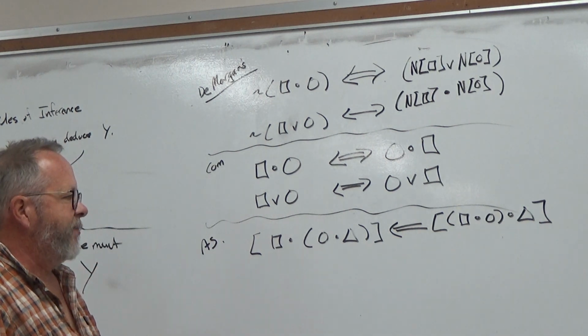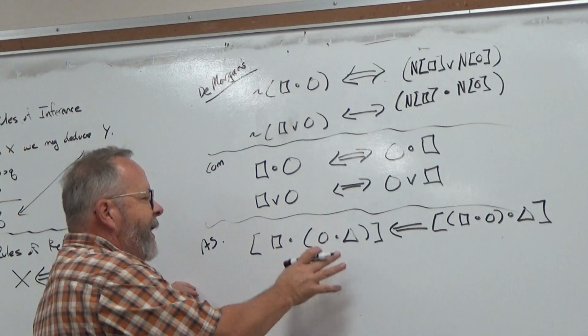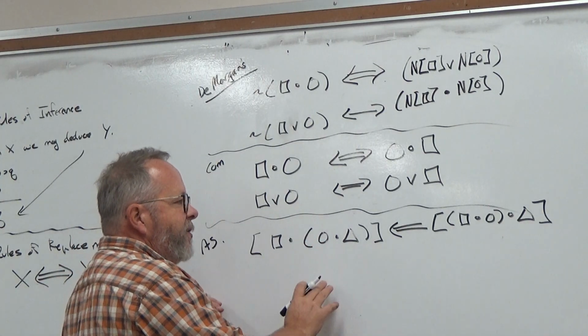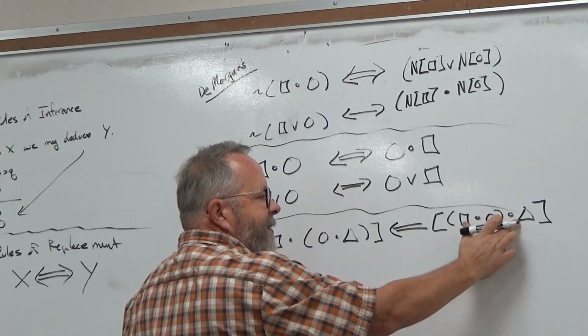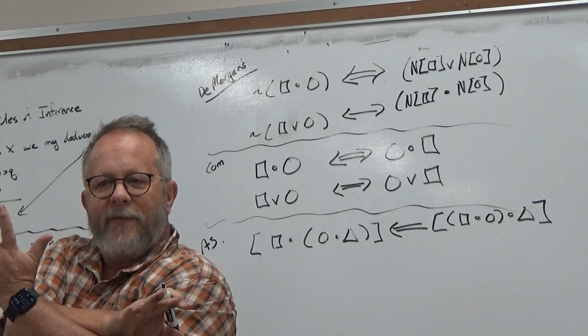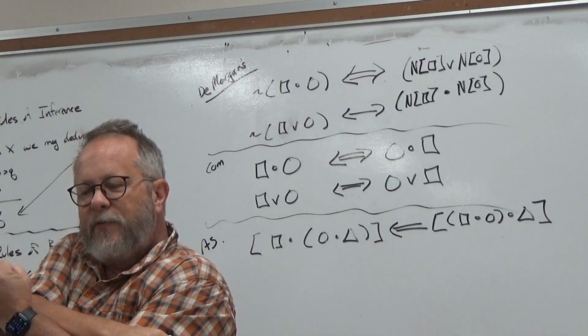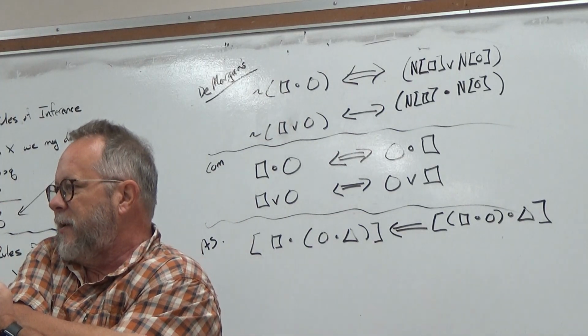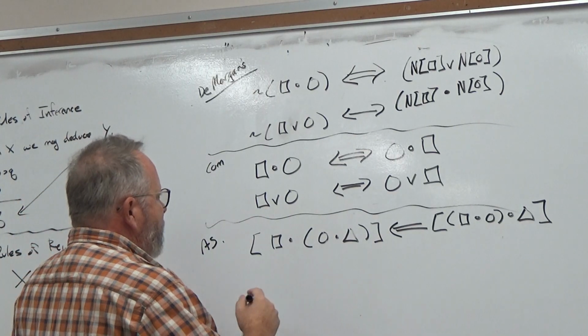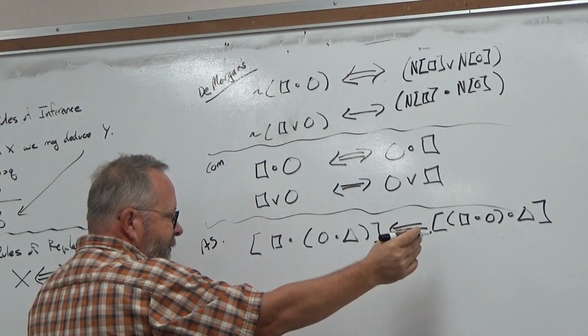Why might this be important? Well, suppose that I have this mess and I want the triangle. The first thing I might do is associativity to isolate the triangle, then I might do a COM and put the triangle on the left-hand side, and then I could do a simplification and get the triangle by itself. Does everybody understand that? Okay. So we can do it when we have a string of conjunctions.